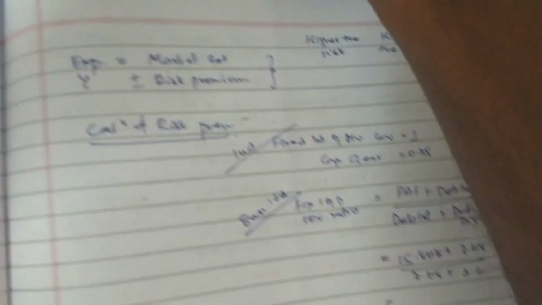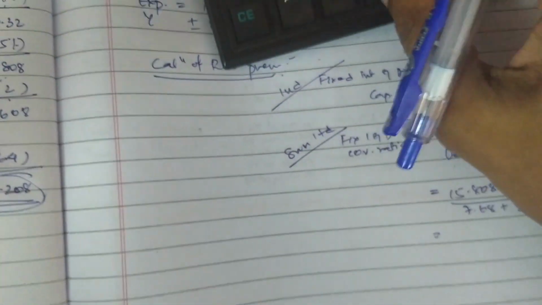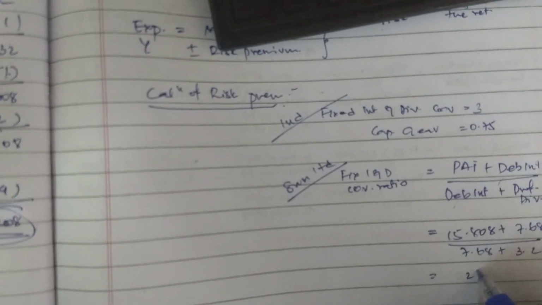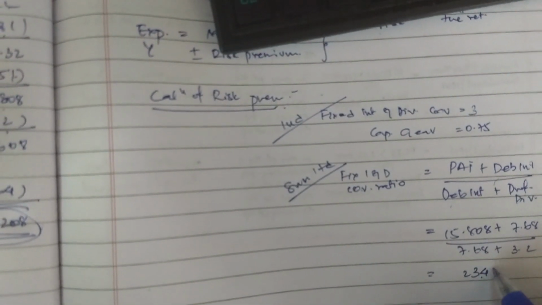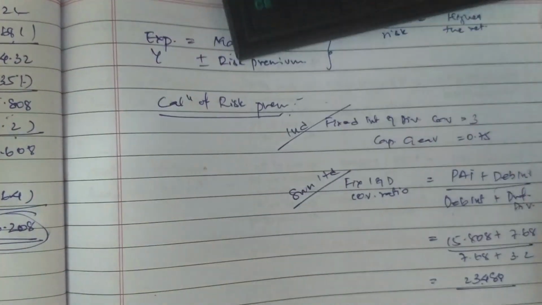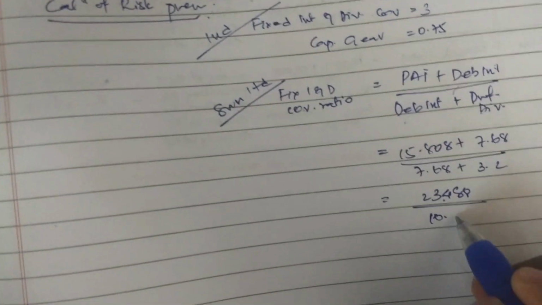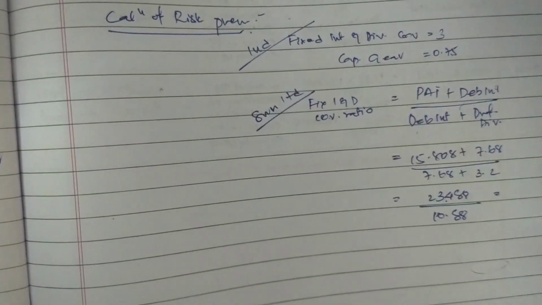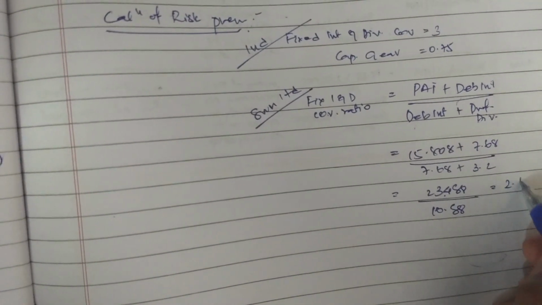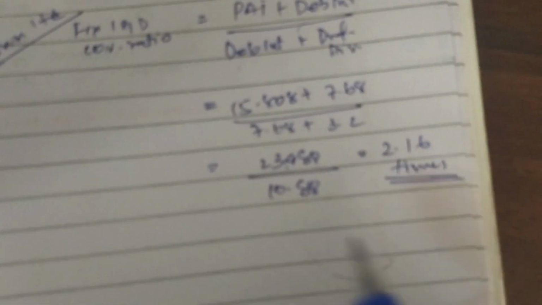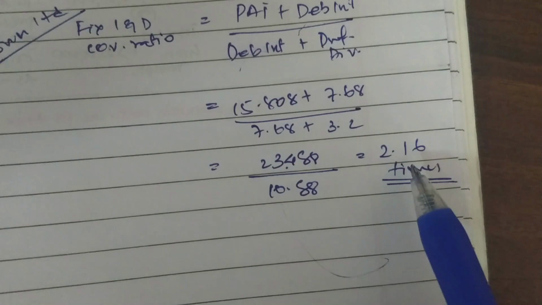So 15.808 plus 7.68 gives you 23.488, divided by 7.68 plus 3.2, which gives you 10.88. 23.488 divided by 10.88 is 2.16 times.